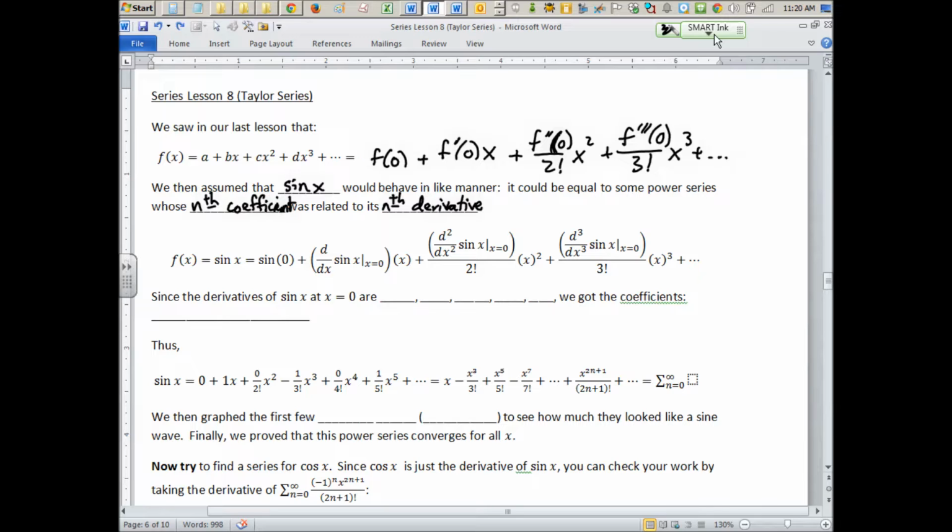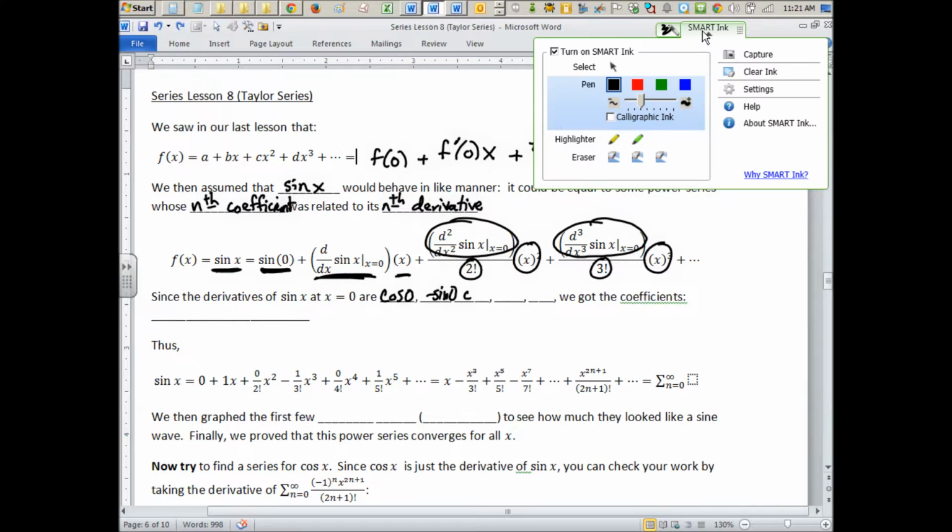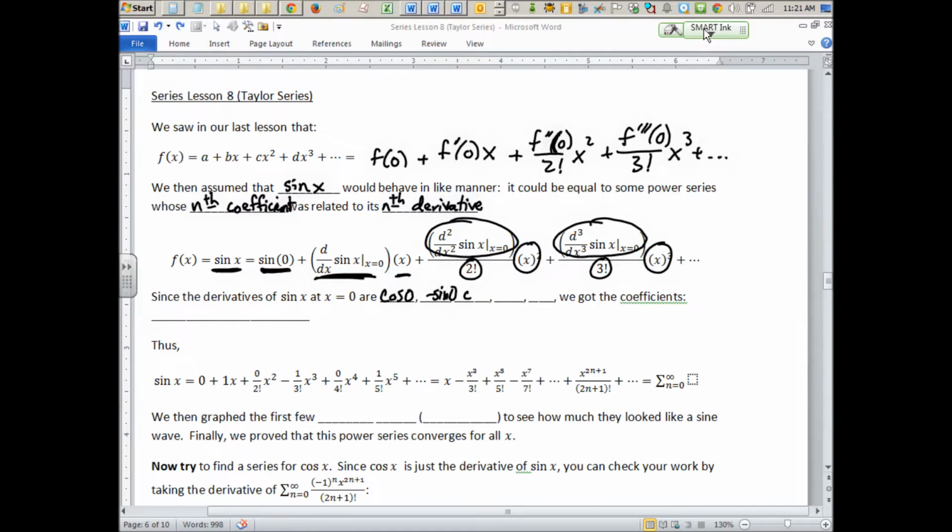Okay? So we assume that sine x would be the same thing as sine 0 plus the derivative of sine at 0 times x to the first, plus the second derivative of sine at 0 over 2 factorial x squared, plus the third derivative of sine x at 0 over 3 factorial x cubed. We just made this assumption, and we found that since the derivatives of sine x at 0 are cos 0, negative sine 0, negative cosine 0, etc. Let's fill these in.